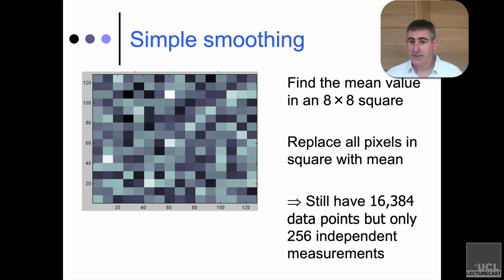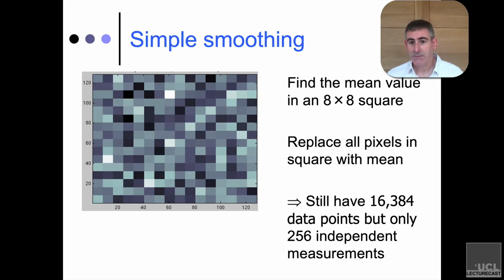I've reduced the data volume by just doing a very simple, square little smoothing algorithm. And what happens is I still have 16,000 points on my plot, but I've really reduced the number of independent measures from 16,000 down to about 256.